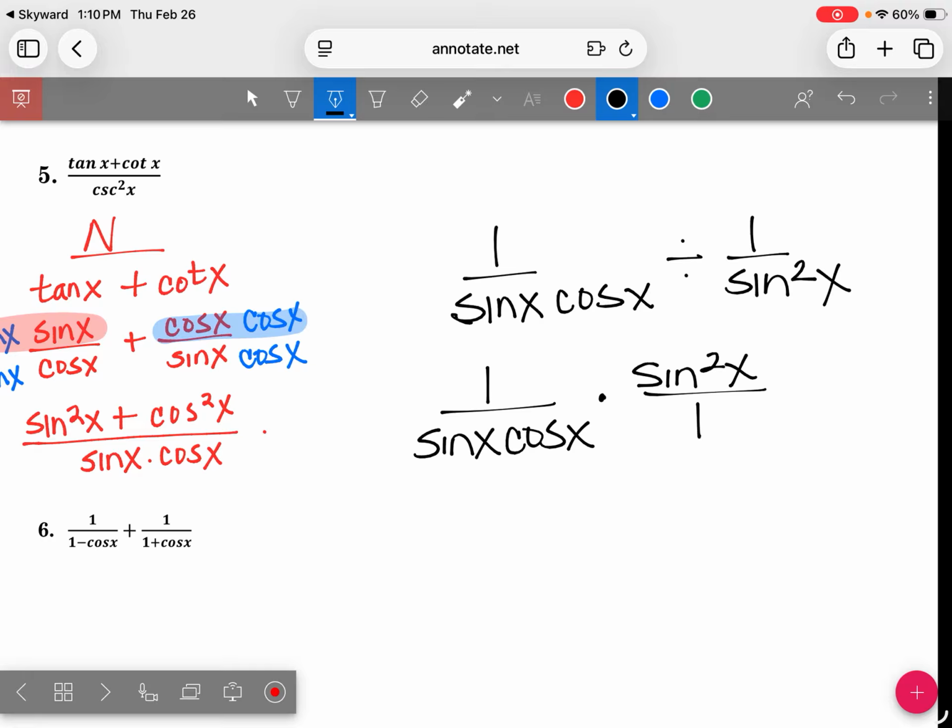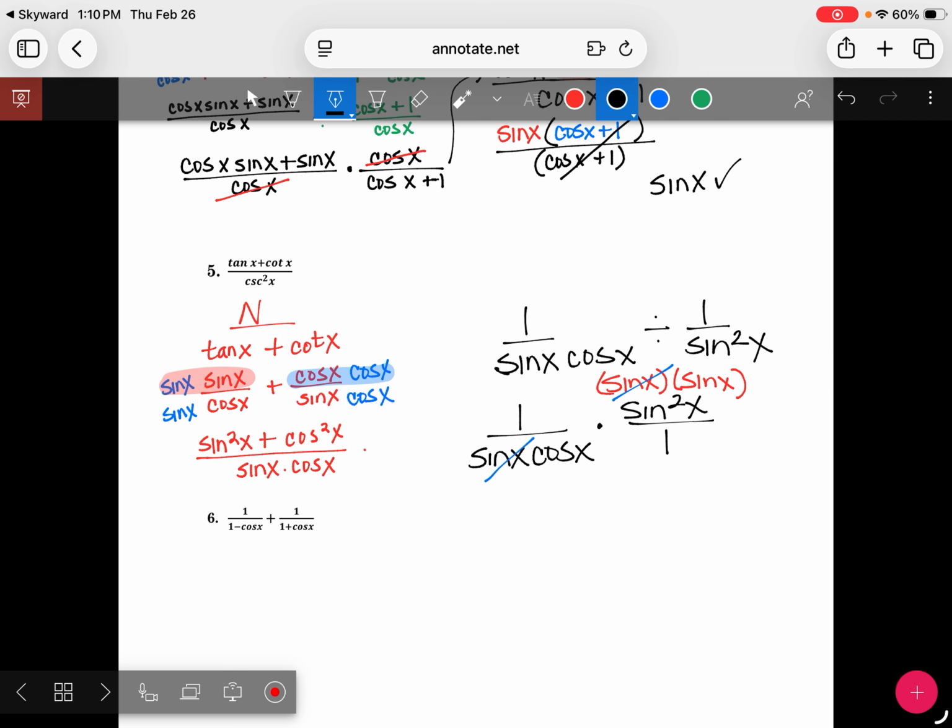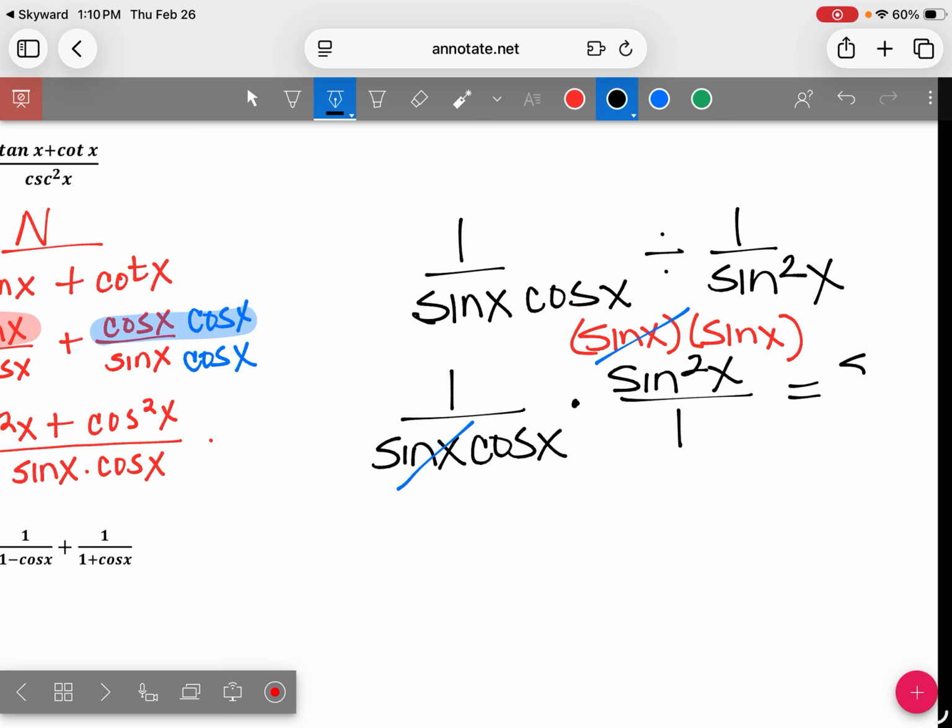Okay, sine squared is the same thing as sine sine. Would you agree? So what's going to happen is a sine is going to cancel out in the top and bottom, which is going to leave me with sine over cosine. And remember, we try not to leave fractions. What is sine divided by cosine? Tangent. And that would be my final. Now I'm at a dead end. I can't go any further.